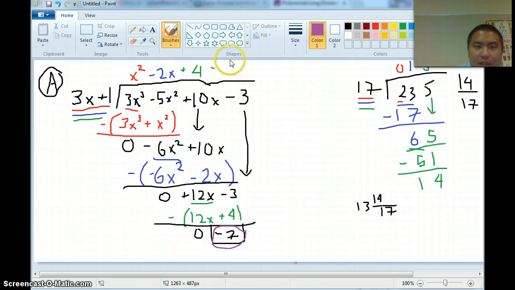So minus 7, but since it's a remainder, recognize that it's still being divided by 3x plus 1. In the same way that this one had a remainder of 14, and that became 14 over 17 because of this 17, right? The 14 is still being divided by 17.